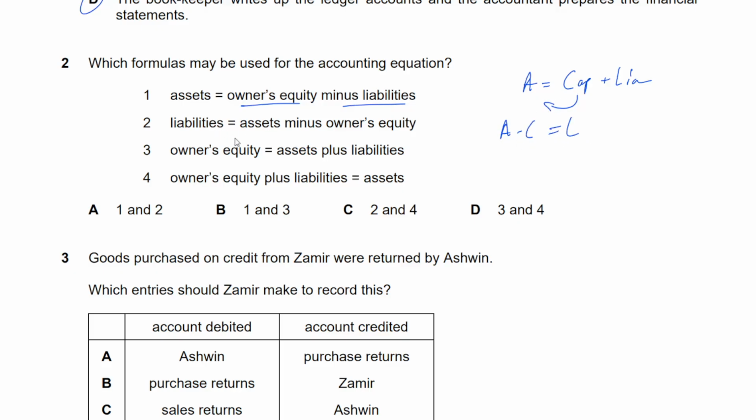That makes sense. Owner's equity equals assets plus liabilities. If we keep capital on one side, no, they're subtracted, not added. Owner's equity plus liabilities equals assets. That's the basic format. So yes, 2 and 4.